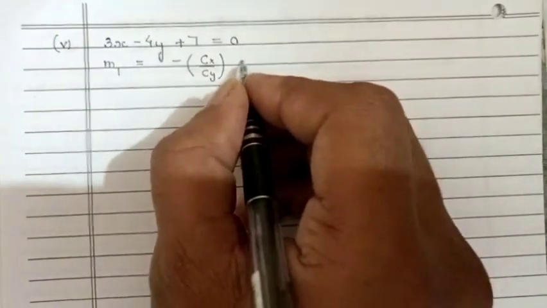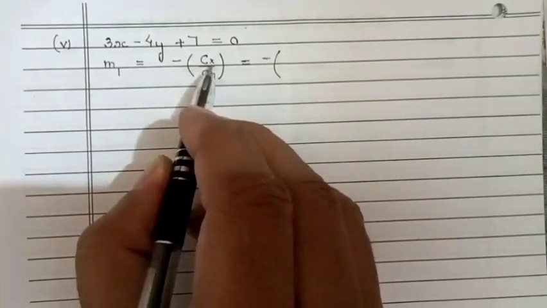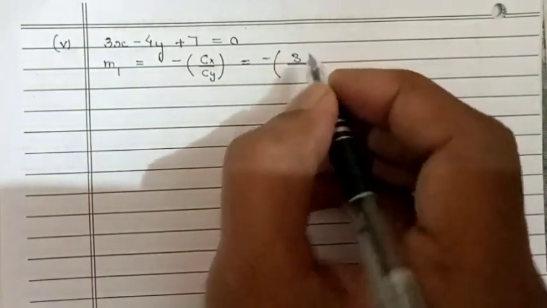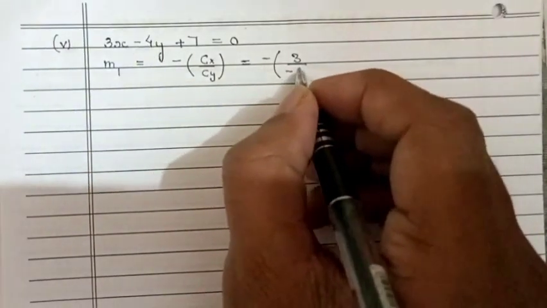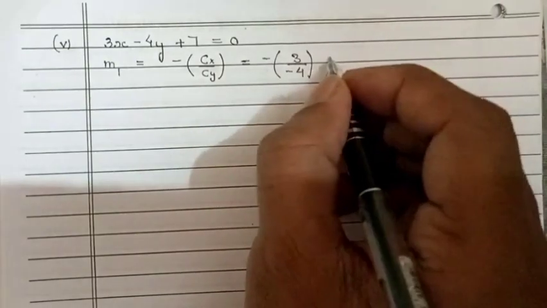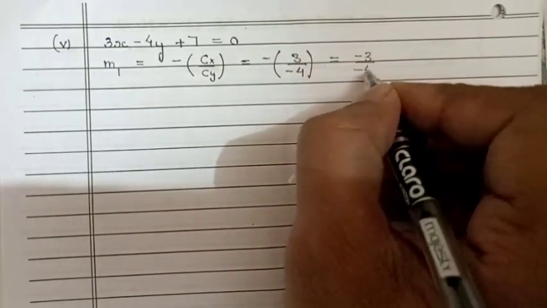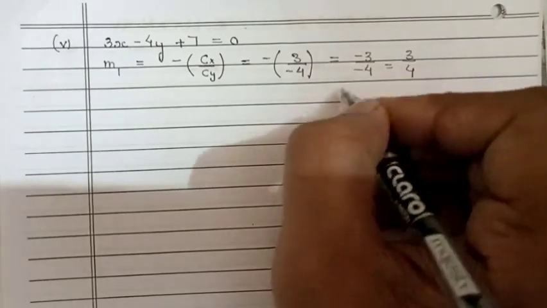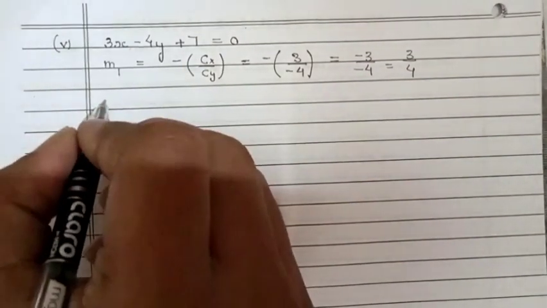So let's get the slope of the first line, negative, coefficient of x, that is plus 3, upon coefficient of y, that is minus 4. When you open the bracket, it's minus 3 upon minus 4, that is 3 by 4. Minus minus will cancel out. So we get the slope of the first line.